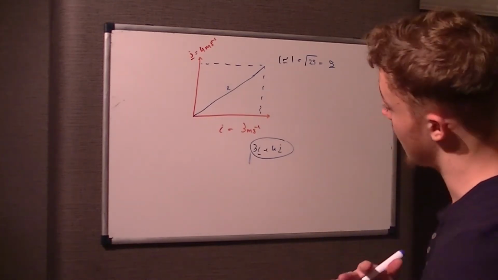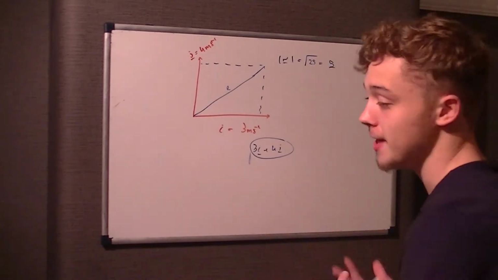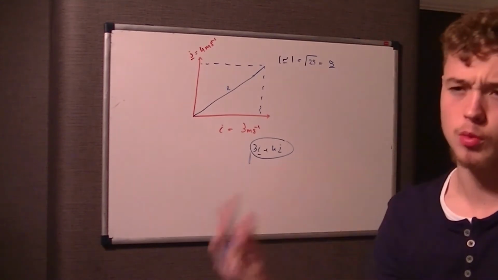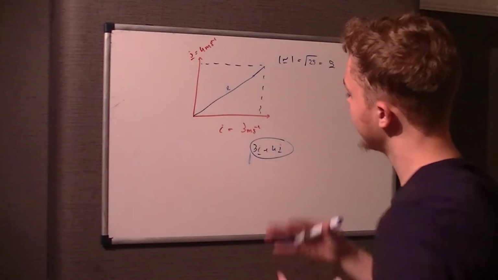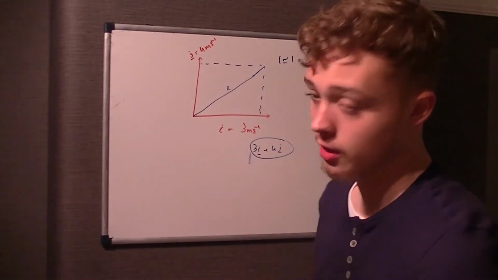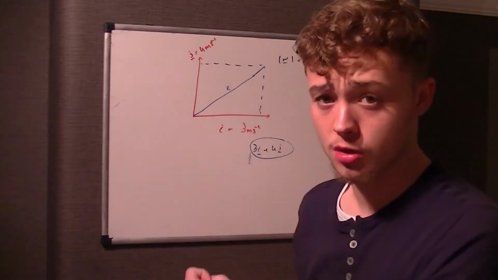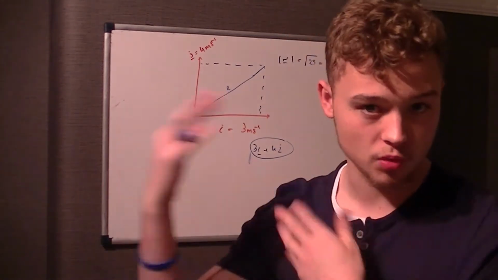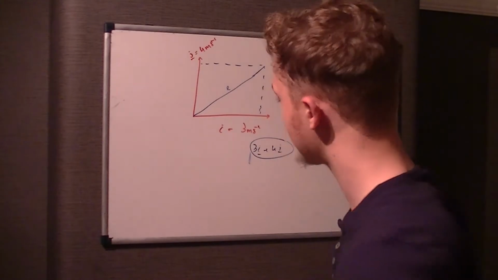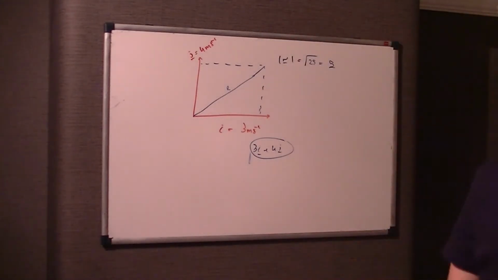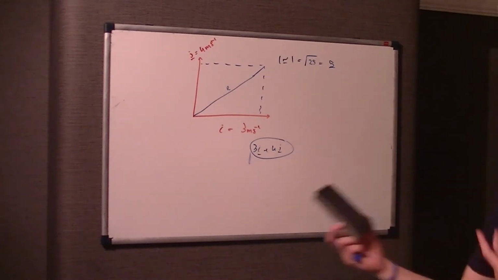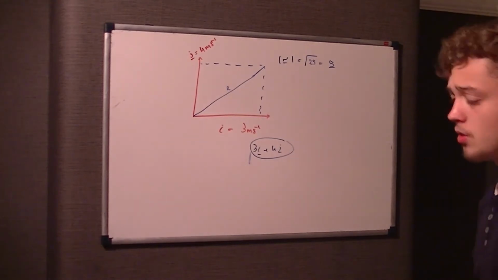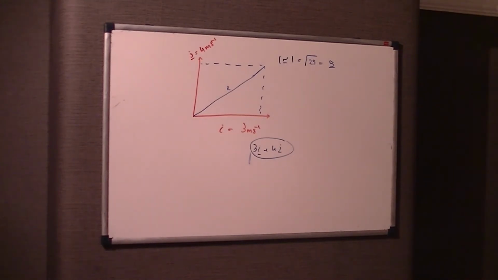If you work out the magnitude of the velocity vector, you will get the speed, because velocity has magnitude and direction. The magnitude of velocity, relating it to vectors and scalars, is speed. That's why this happens, and I'm giving you a bit of background rather than just asking you to accept it. So that's how you work out speed.